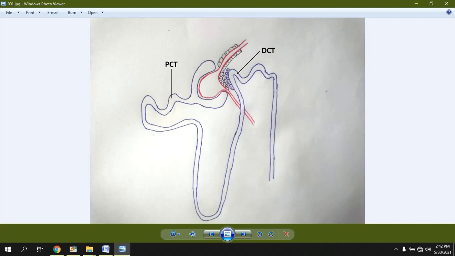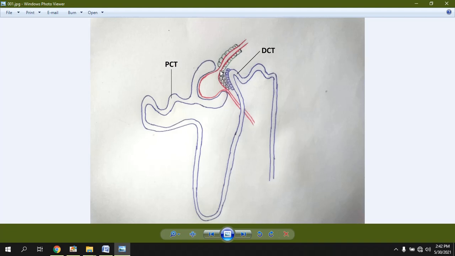In this slide I was going to show you that almost all the nephrons inside the kidney have their distal convoluted tubule in proximity with the renal corpuscle. You can see that this is the renal corpuscle and the distal convoluted tubule is near the renal corpuscle. You can see that this is almost in touch with the afferent arteriole, and between the glomerulus and the tubule there are cells.